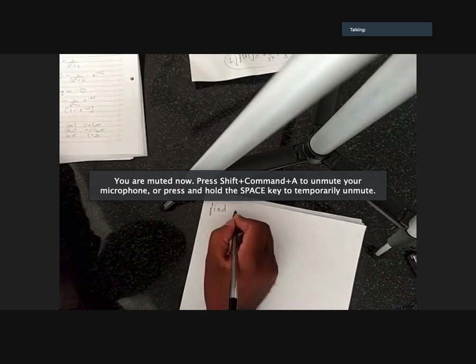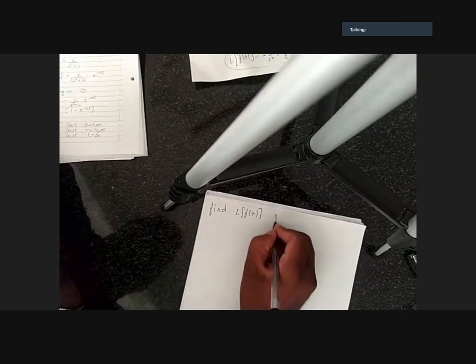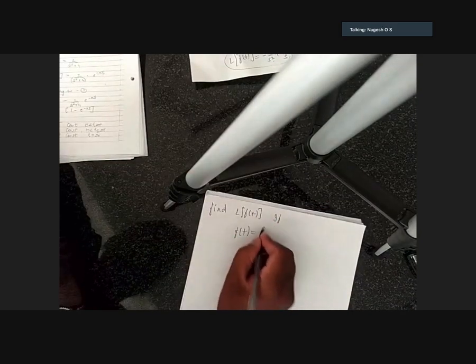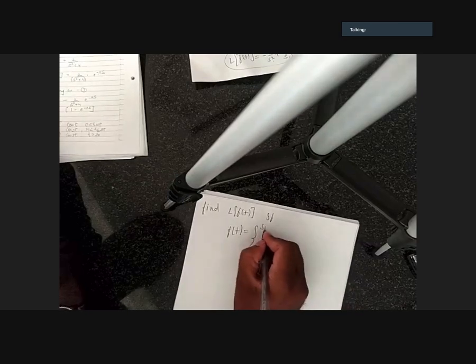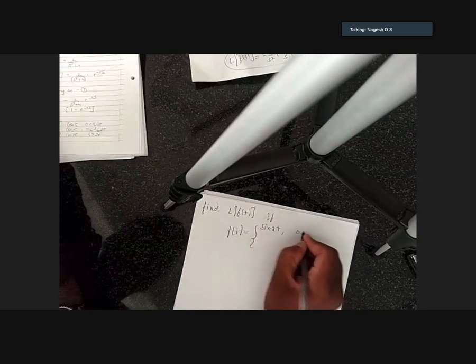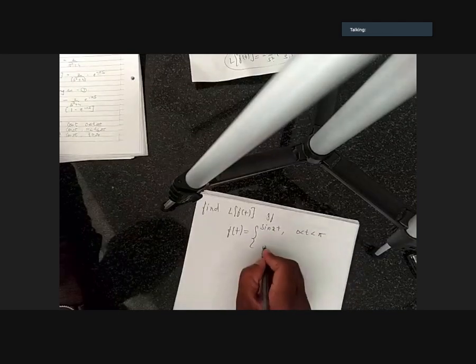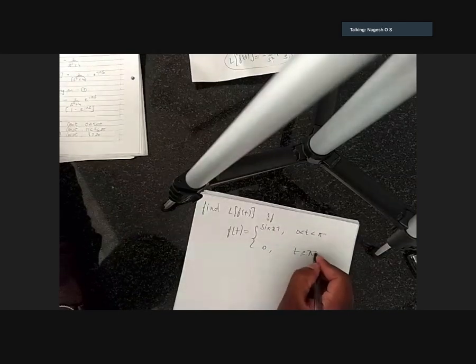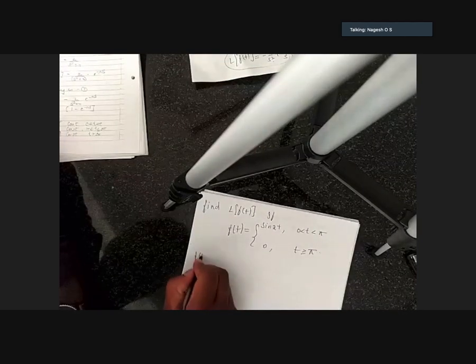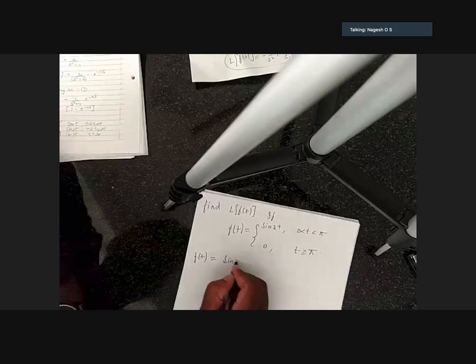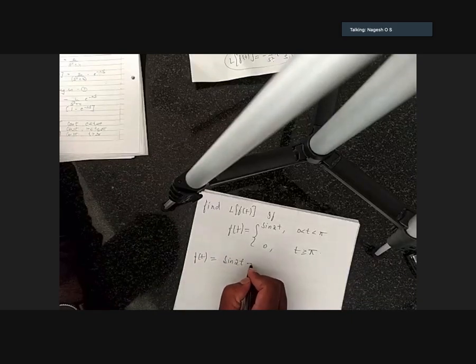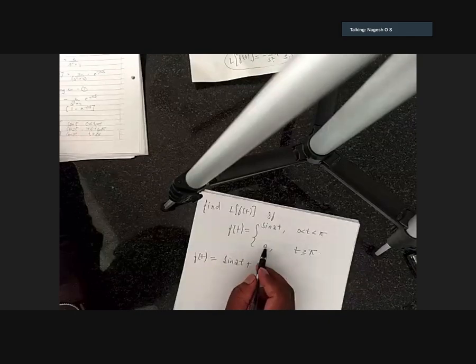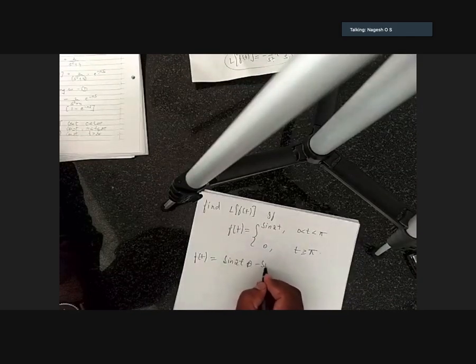Find L of f of t if f of t equals sin 2t for 0 less than t less than pi, and 0 for t greater than or equal to pi. This is the problem. First write f of t equal to sin 2t f1 of t plus f2 of t minus f1 of t. 0 minus sin 2t, that is minus sin 2t.